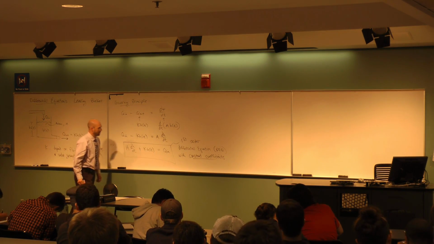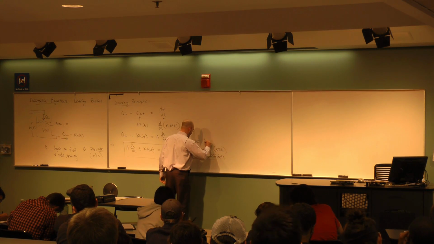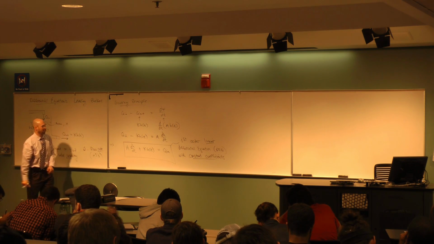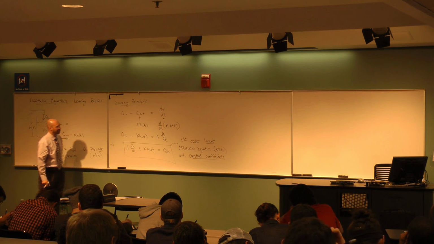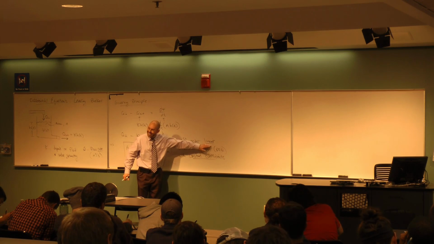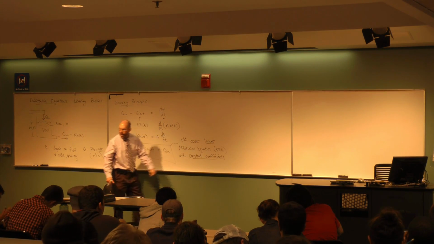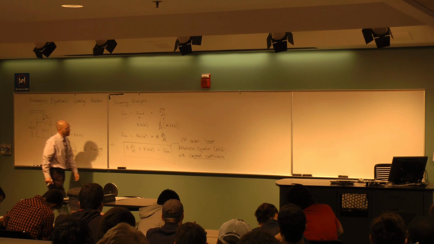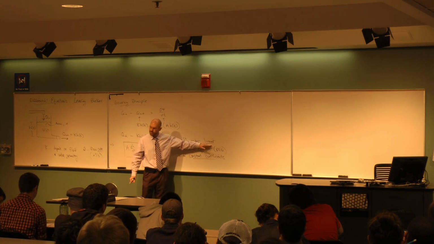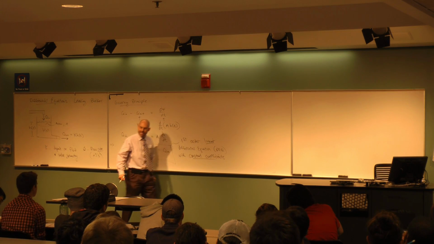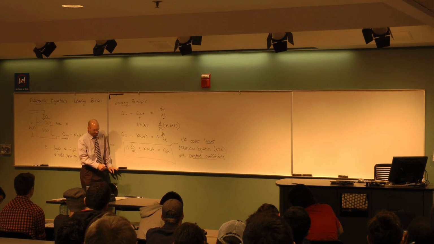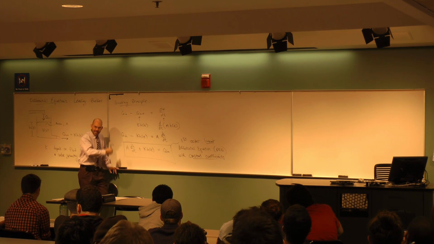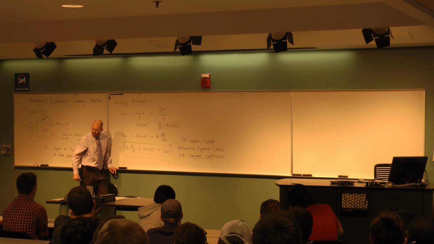I'll add one more word. That's this one, linear. So this is a first order linear differential equation with constant coefficients. The word linear here does not mean y equals mx plus b, just to be clear. What makes a differential equation not linear is if these terms are not linear combinations of h and its derivatives.